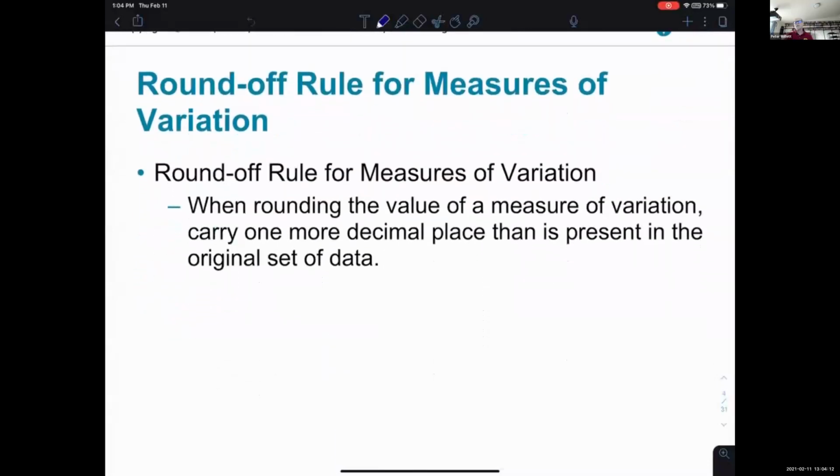Now, because these statistics are numbers, we're going to be working with numbers. They're starting off by talking about a round off rule for measures of variation. And so this is a nice rule of thumb to follow when doing calculations.